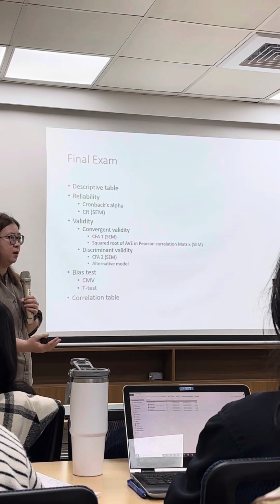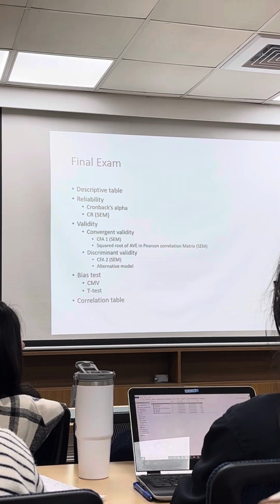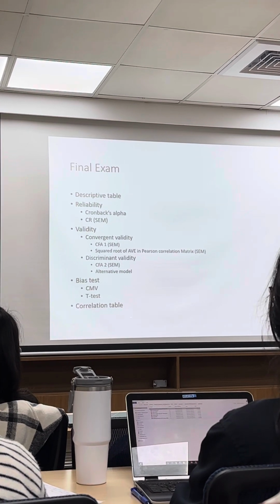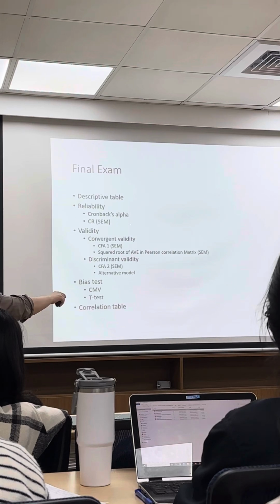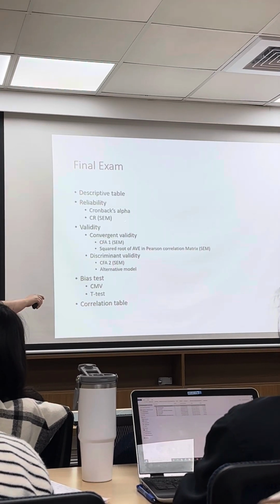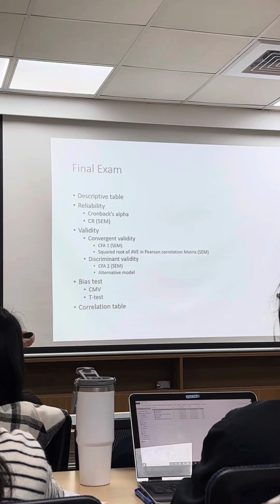It depends on your luck whether you get this kind of question or a correlation table question. For the correlation table, let's go one by one. Normally the descriptive table and reliability will go together; they will be the same question. If you pick the question randomly, you have to explain the sample.